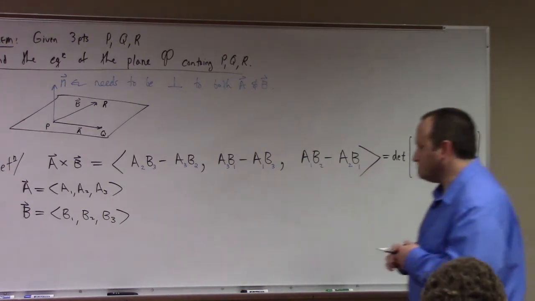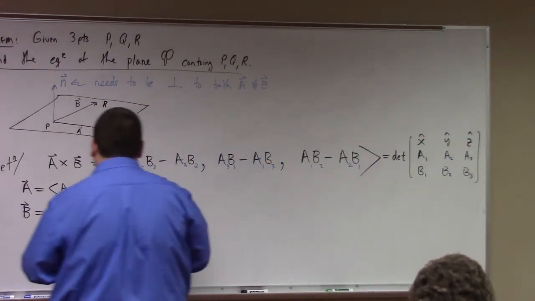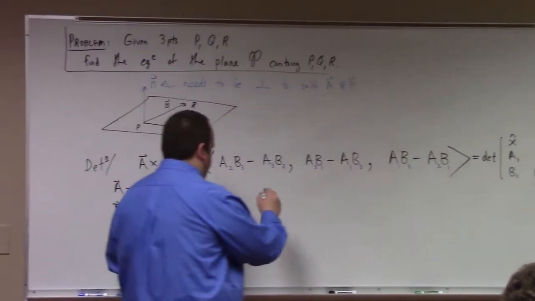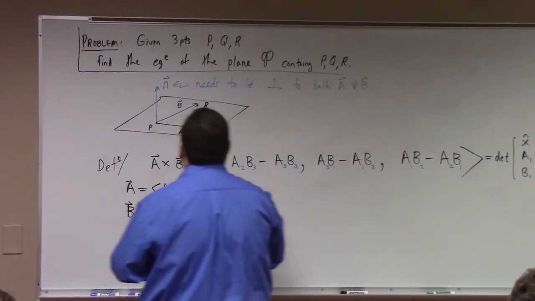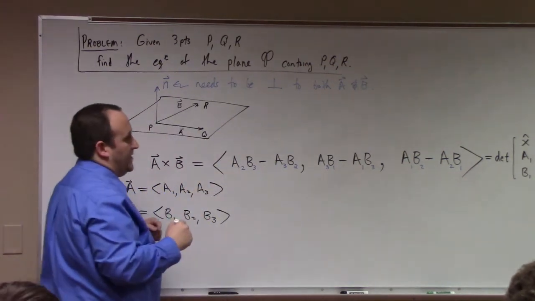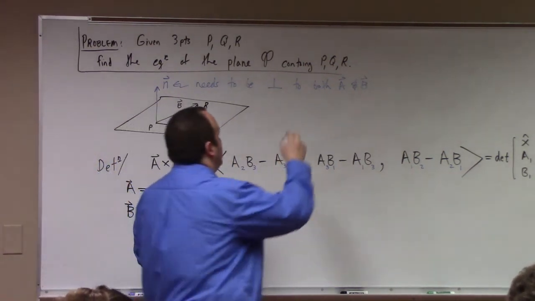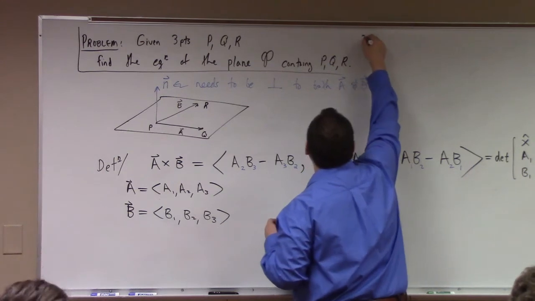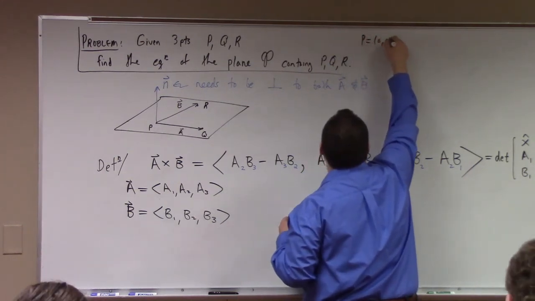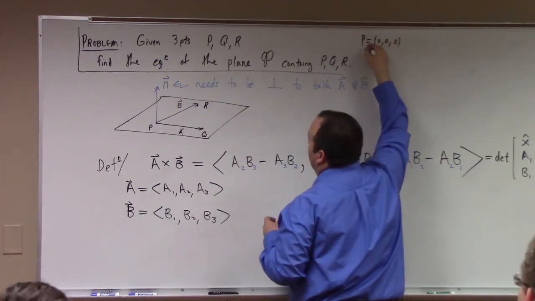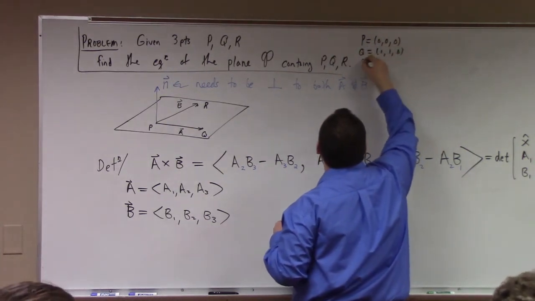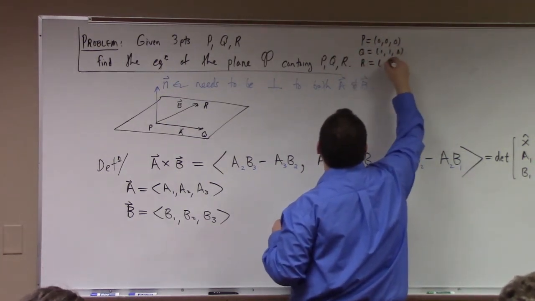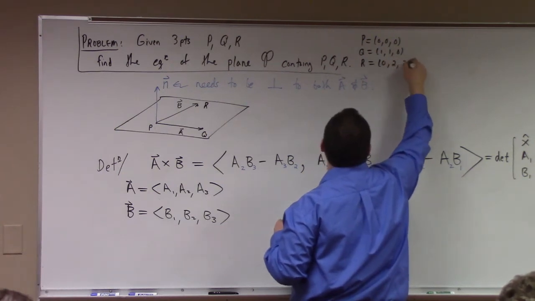Let's try it out. Let's actually solve this problem while we're at it. What do you say? Let's make the point P the origin, so we don't go nuts. We'll make Q (1, 1, 0) and R (0, 2, 3).